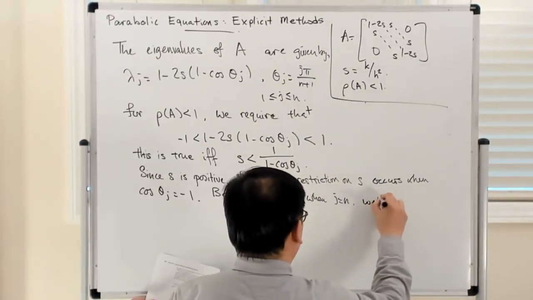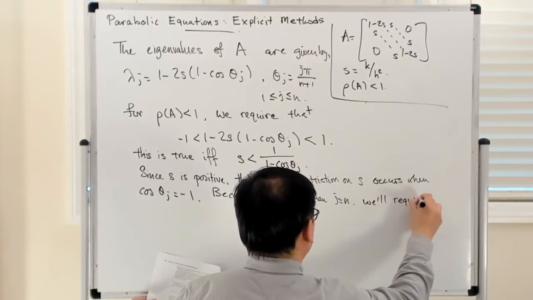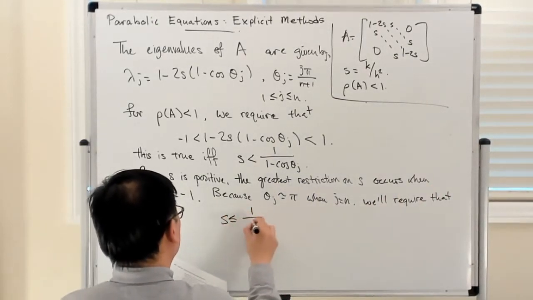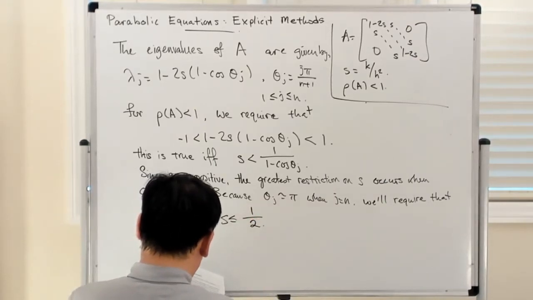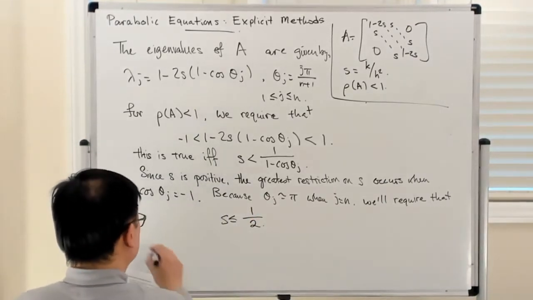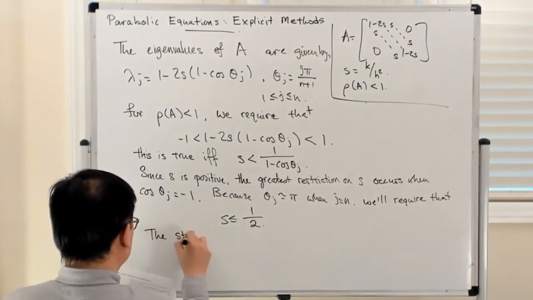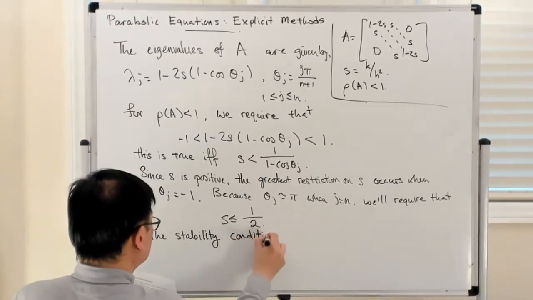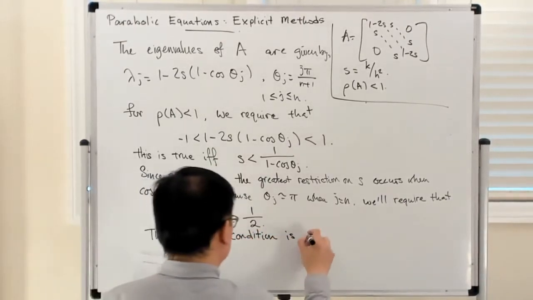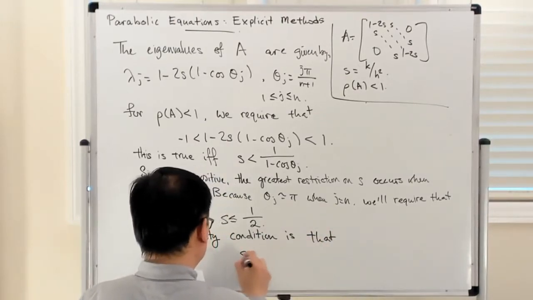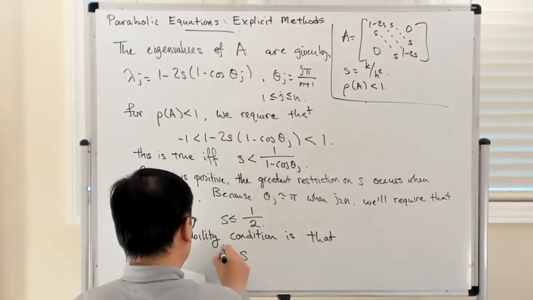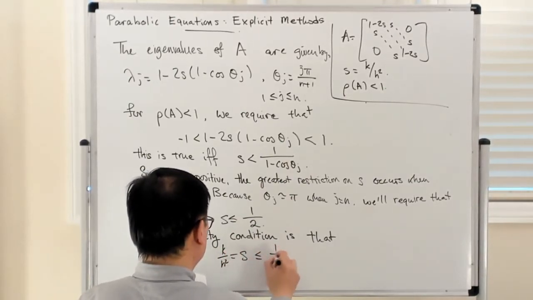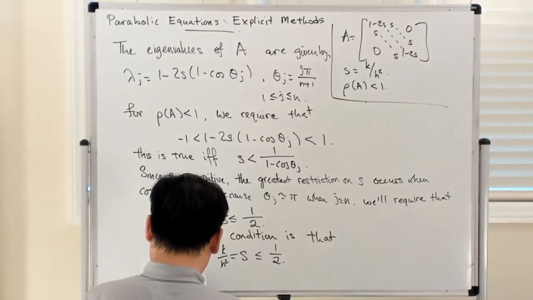So the stability condition is that s, which is equal to K over H squared, is less than or equal to 1 over 2. Okay.